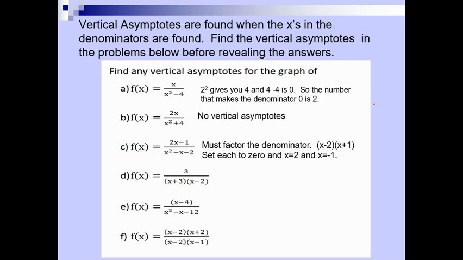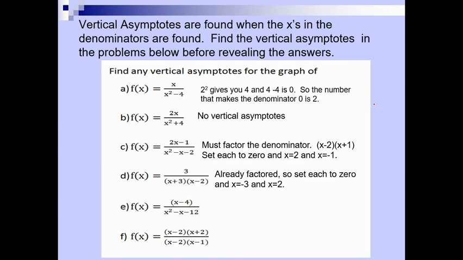Okay, so you factor the denominator. We have x minus 2 and x plus 1. We set each to 0, so x is equal to 2 and x is equal to -1. Those are our vertical asymptotes. If you already have factors, you just set each to 0, so our vertical asymptotes here are -3 and 2.